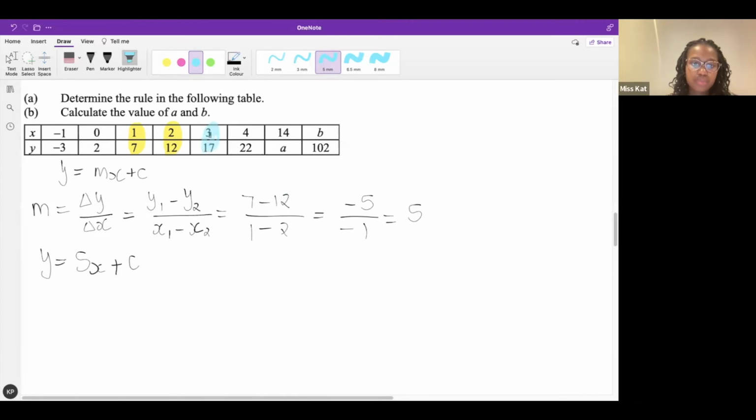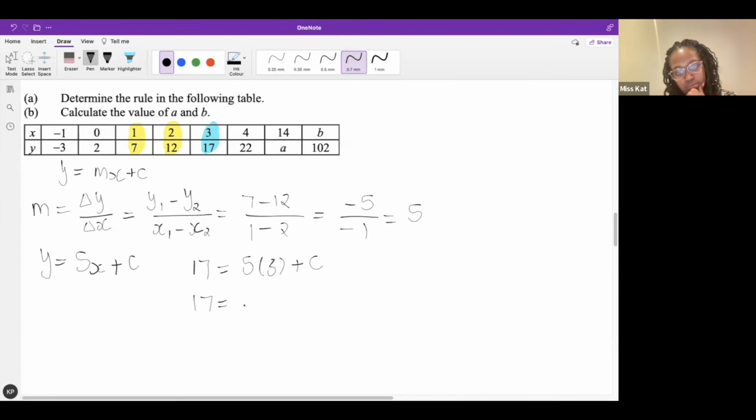So we substitute the 3 and 17. 17 equals 5 times 3 plus c. So 17 equals 15 plus c. Then c equals 17 minus 15, which is 2.